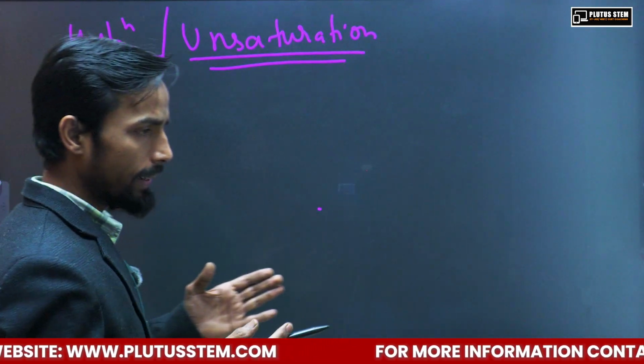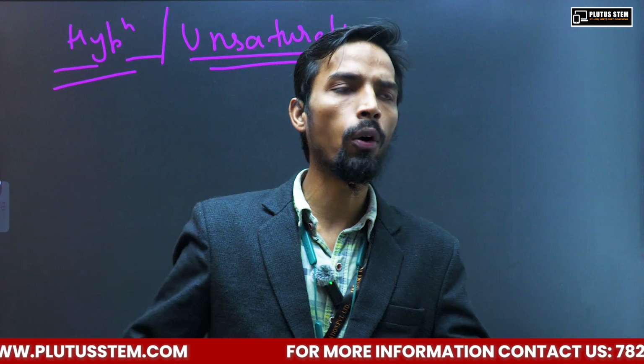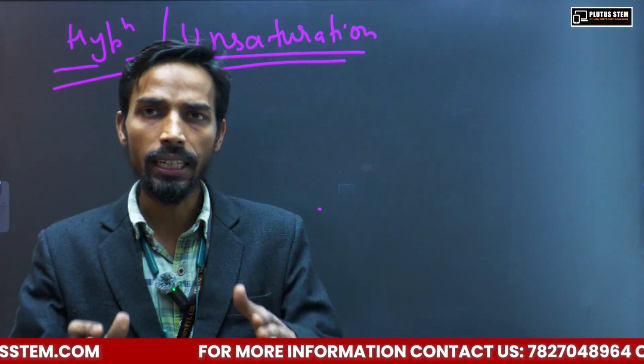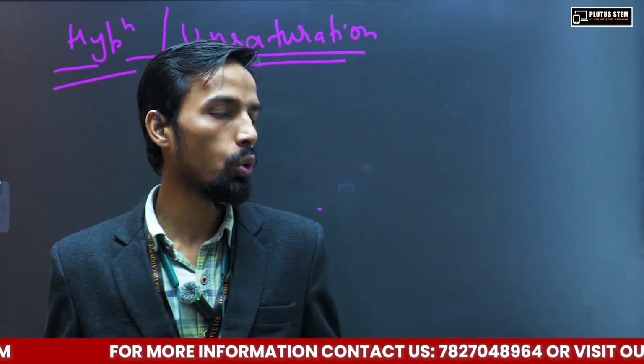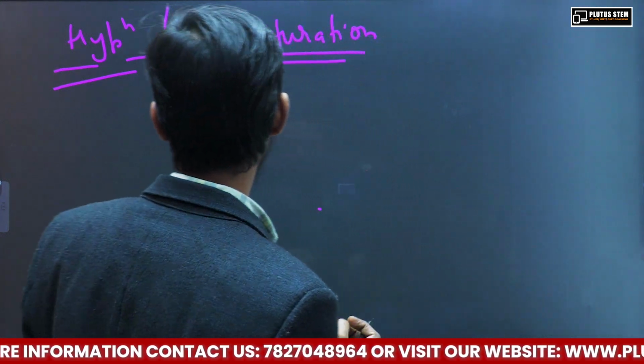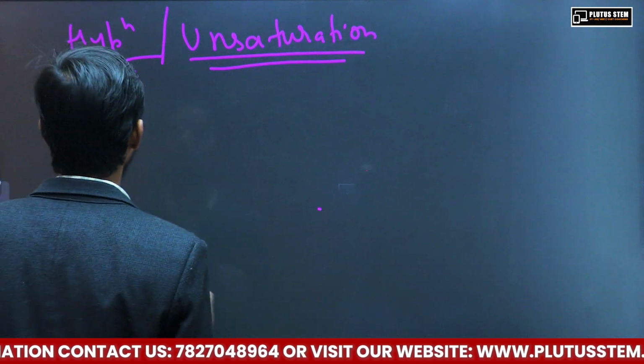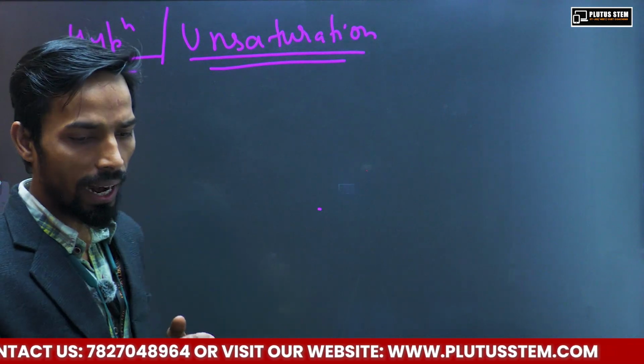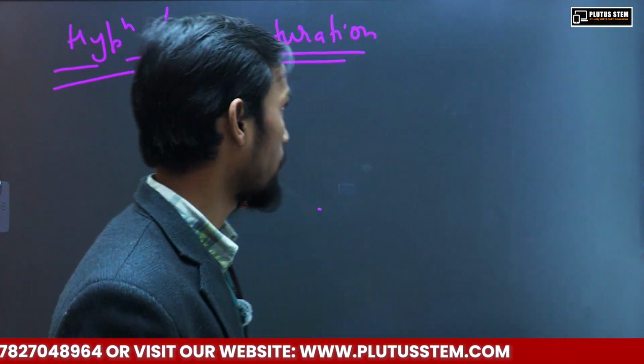Firstly, most of the aliphatic compounds can be subclassified into unsaturated and saturated compounds. What do saturation and unsaturation mean? Firstly, we are going into the detail of that, and then we will proceed further.